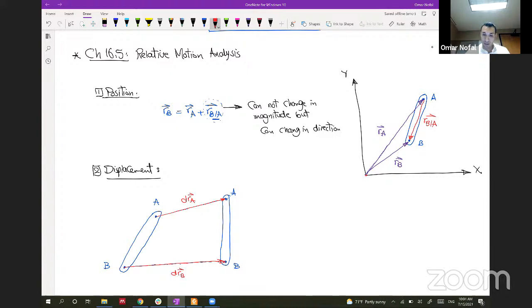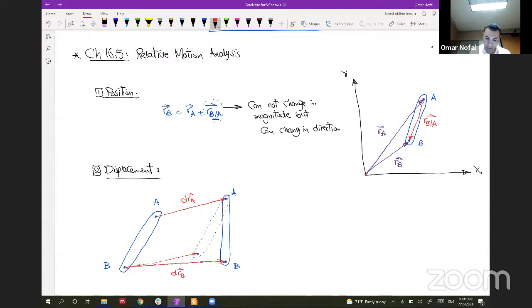So if we want to put this here, we can have this as point B, and let's make this.